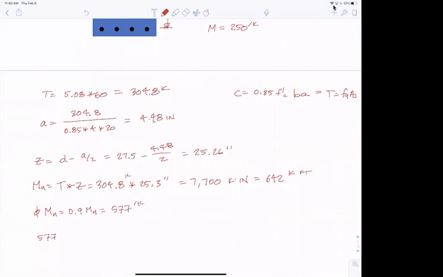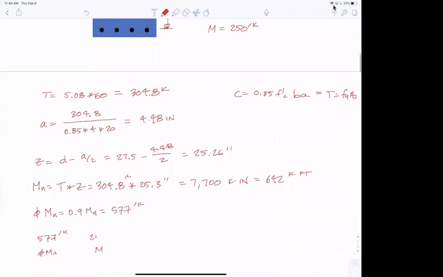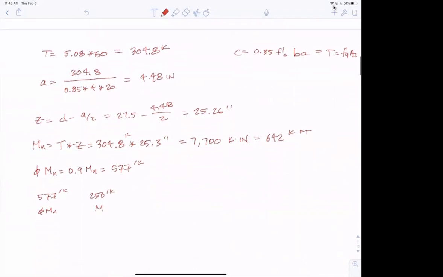So 577 foot kips is phi Mn, and the M from using working stress design was 250. So it's over twice as strong as what that allowable moment was with the unfactored loads. And so let's say your unfactored loads go all the way up to 250.